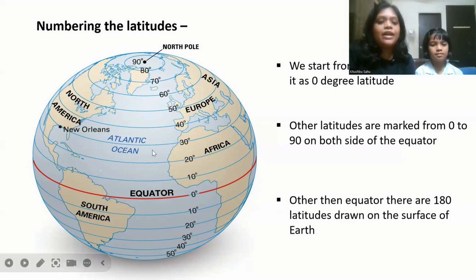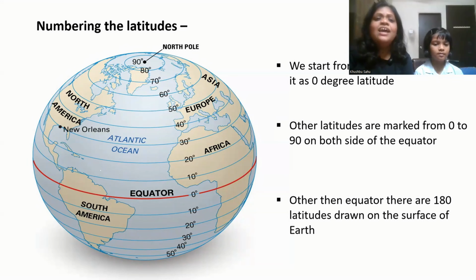From the equator, in both the north and south directions, we are mapping other latitudes as well, right? As you can see in this image, the equator is present at the center. Now from the equator, we are numbering the latitudes 10 degree, 20, 30, 40, 50, 60, 70, 80 and 90 degree. 90 degree north is considered the North Pole.